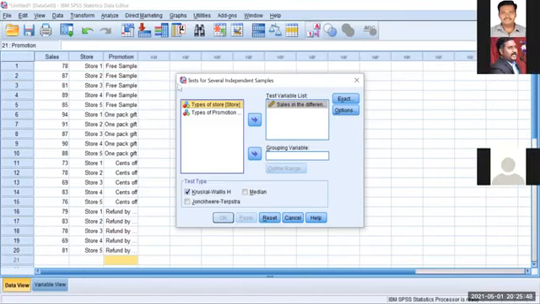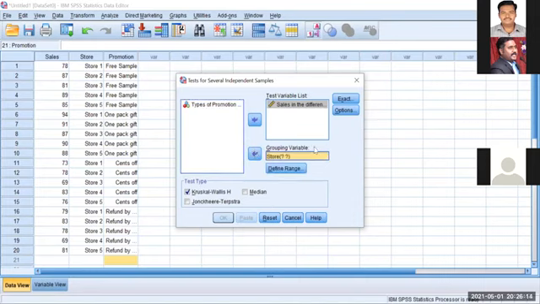Again, go back to Analyze, remove the store and then give promotion and get another analysis. That's not an issue. You can do it in 2 ways. But in the given sample, since they told us to test the sales effectiveness only on one independent variable, store, that's why I'm taking only the store here. So select the store and put it here.